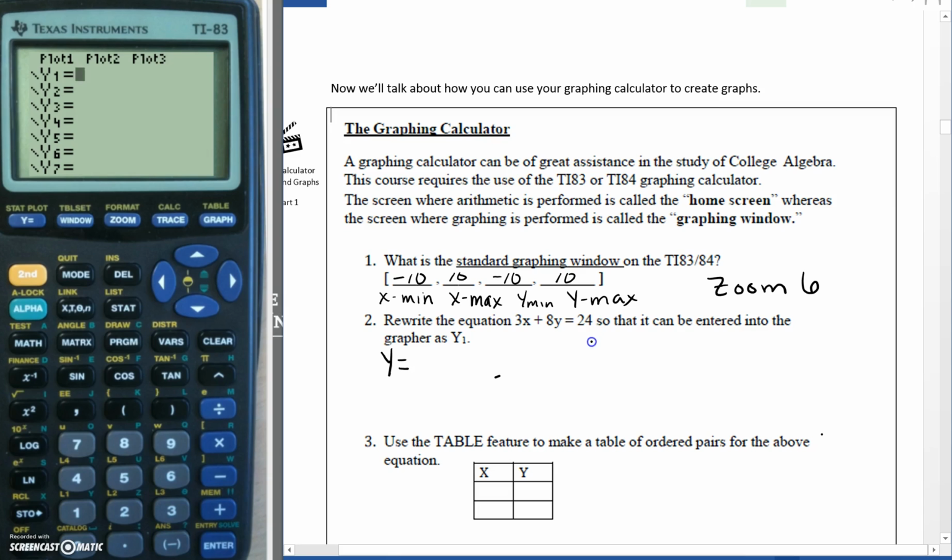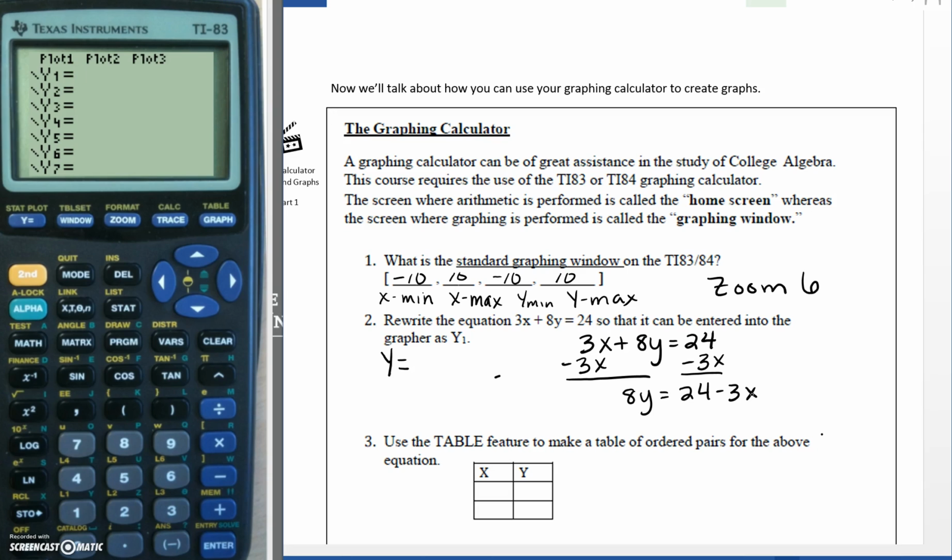So we're going to take 3x plus 8y equals 24, and we are going to rewrite it in terms of y. So the first thing we're going to do is subtract 3x from both sides. So that gives us 8y equals 24 minus 3x. It'd be perfectly okay to write that as -3x plus 24.